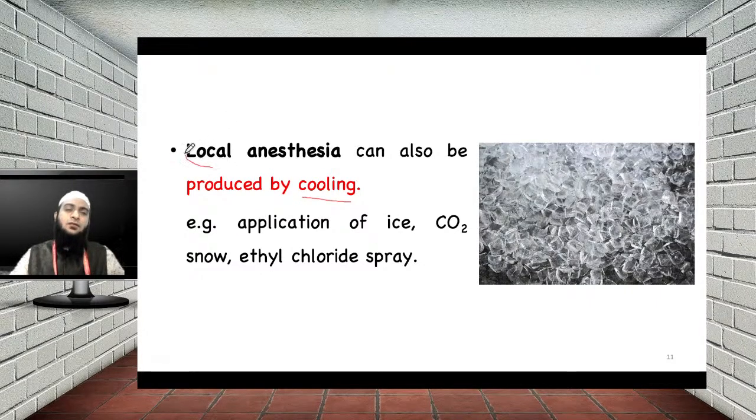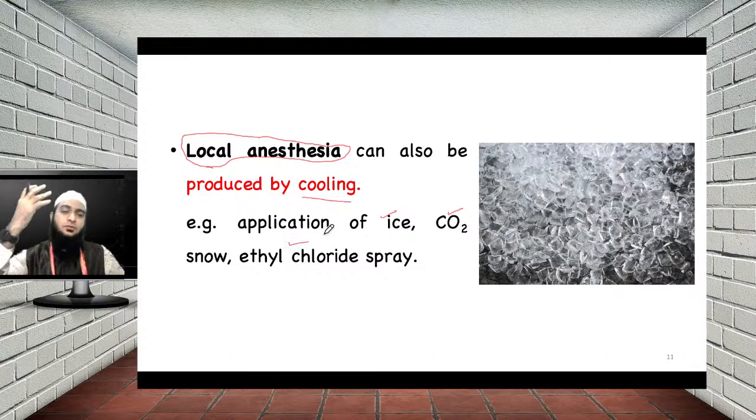You might have seen that if you are suffering from inflammation or an injury, you do the icing. That is due to this reason. So you can directly apply ice, or you can use carbon dioxide snow, or you can use ethyl chloride spray. In case of some pain relief sprays, the moment you apply them, you feel a cooling sensation, isn't it?